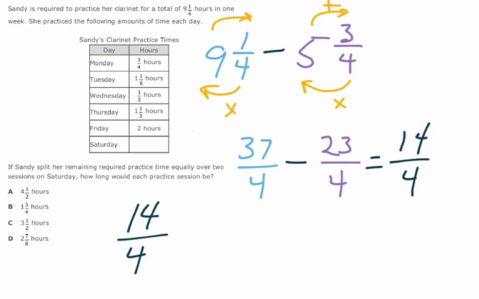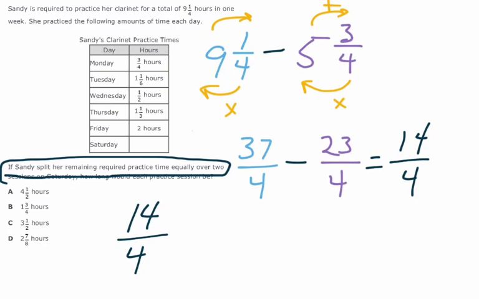I think a lot of problem solvers stopped right here, turned it into a mixed number, and found the answer. And it actually goes in 3.5 times, which it shows you right there. However, when we read this question before, it said if Sandy split her required practice time equally over 2 sessions, then how long would she practice?